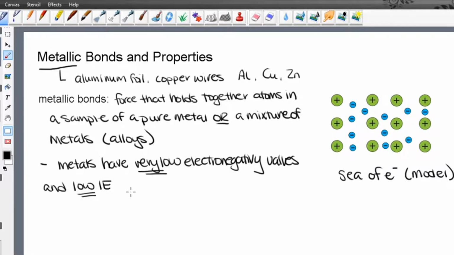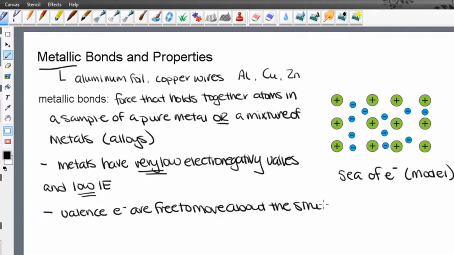It means that they don't really need or want their valence electrons. And so when all you have is a sample of metal atoms, none of those metal atoms particularly care very much about those valence electrons. So the valence electrons are free to roam around that structure between all of the atoms present.